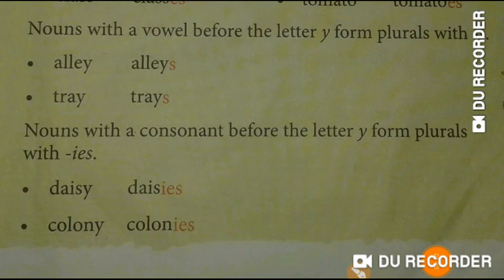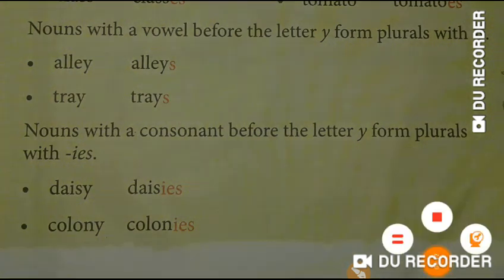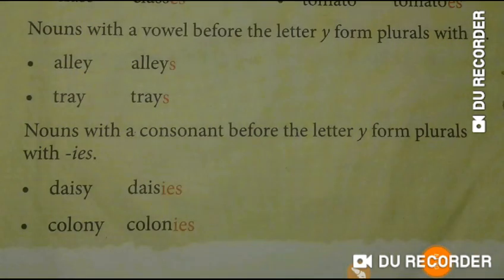If a noun ends with a consonant before the letter Y, then we replace Y with IES to form its plural. It means we remove Y and add IES. For example, daisy.